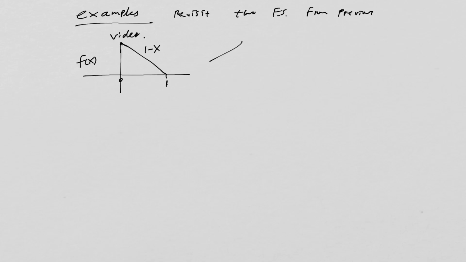Like that, right? But we actually had two versions of it. We had a cosine series and a sine series. And the cosine series looked like this.